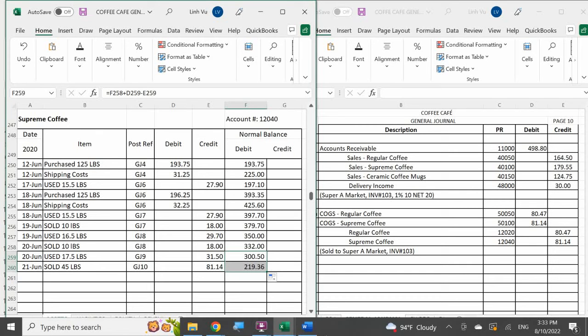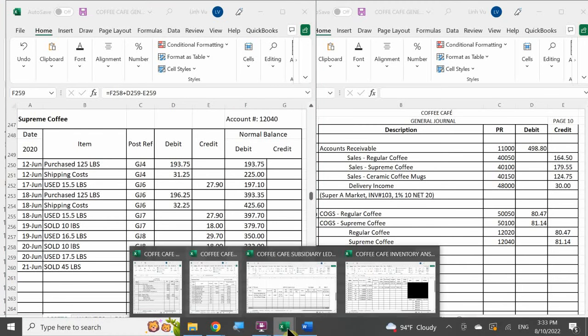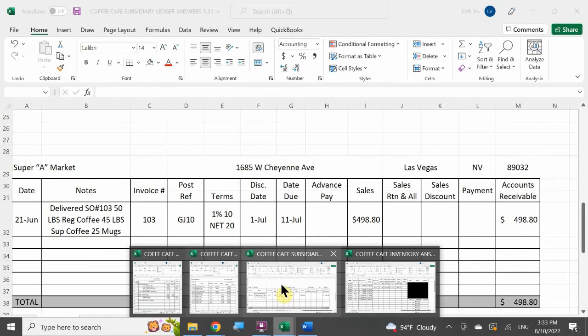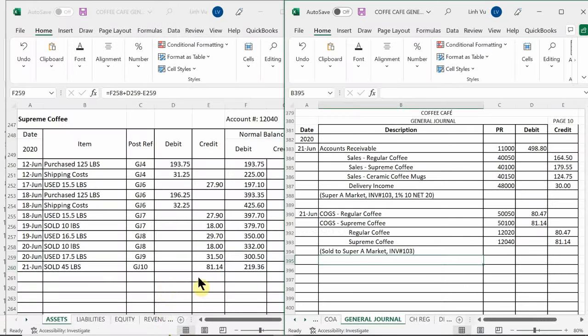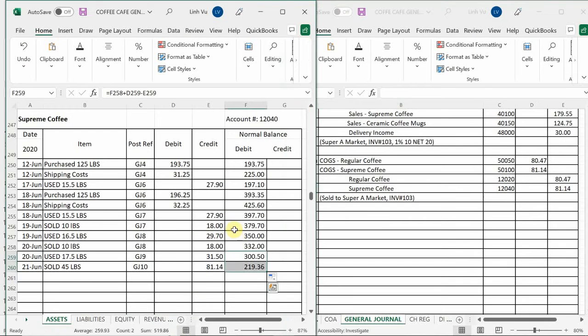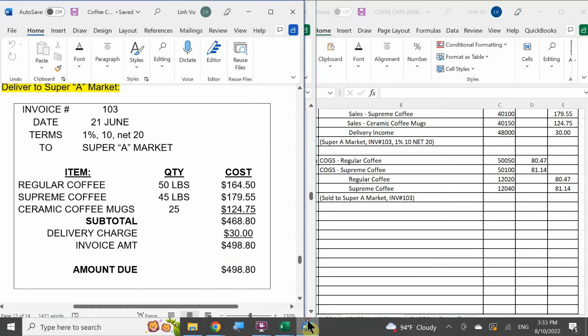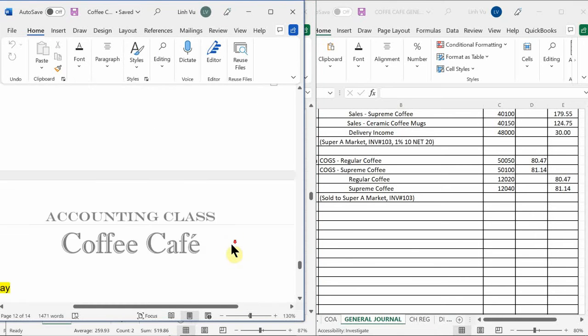We did the commissions. We did the sales order. We did everything for Super A Market. So we are actually completely done. Okay. No deposits this time, because we didn't receive any checks. Okay. So let's see what happens next.